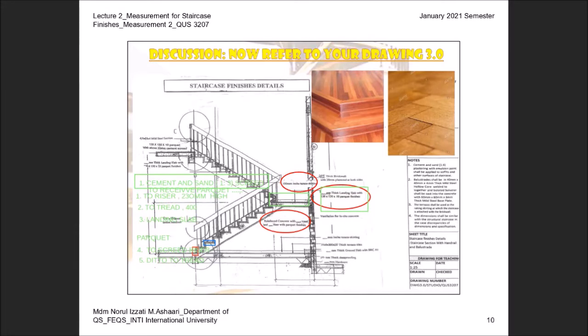This is how you identify the items to be measured, because the first 3 components here normally have similar specification. So this is the first part of our discussion. We will go through this one in detail, but now I would like everyone to take note on how you identify the items to be measured based on the specification.